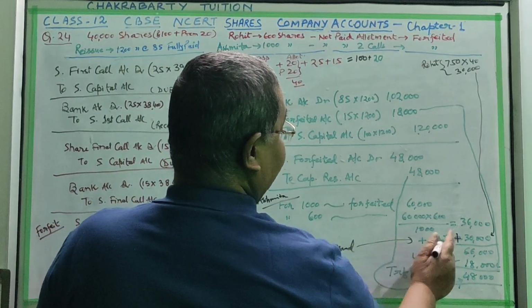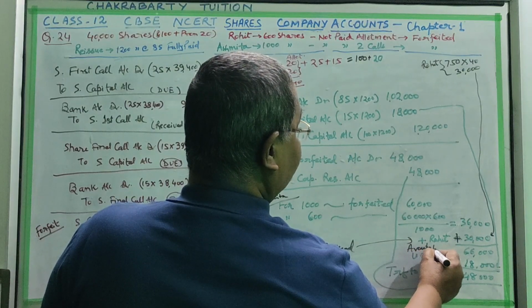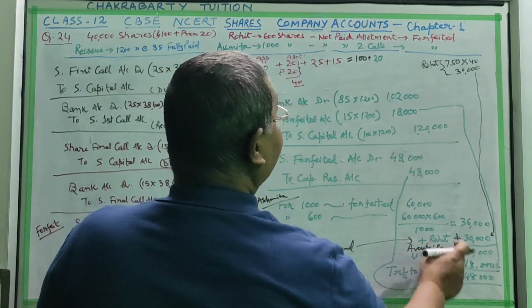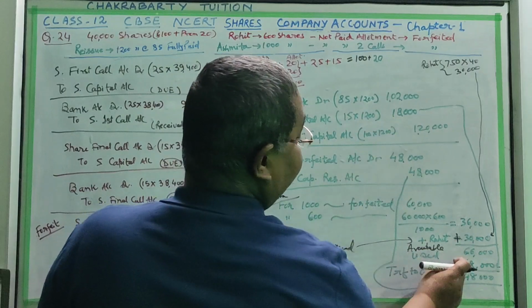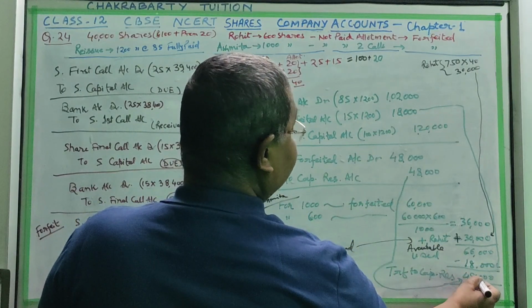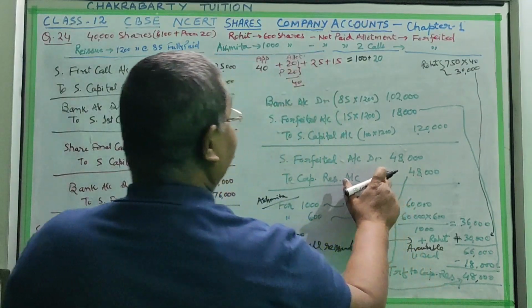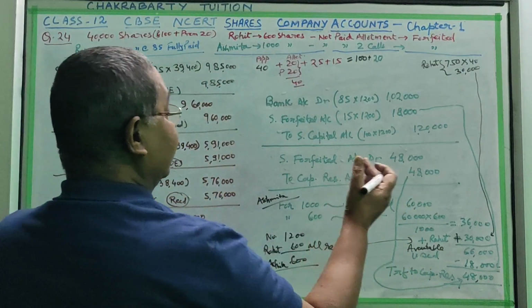So how much is available? The available amount is 66,000. Out of this, 18,000 you have already used. So how much is extra lying with you? 48,000. So this amount you will transfer from the share forfeited account, debit, to capital reserve.